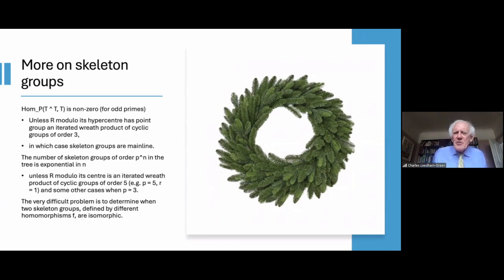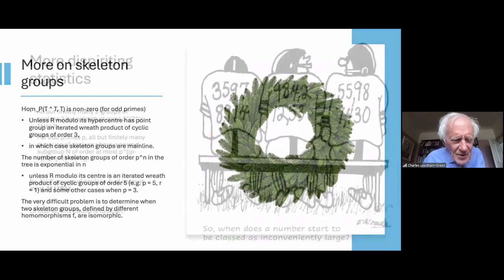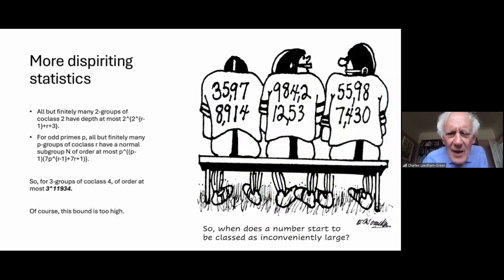If you take two specific ones, you can tell whether they're isomorphic in polynomial time because you've got bounded rank. But to produce a proper analysis of when they're isomorphic, so that you can say you really understand what's going on, is very difficult. And mistakes occur.